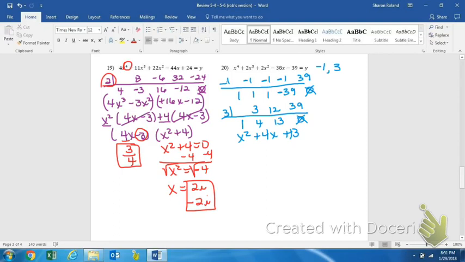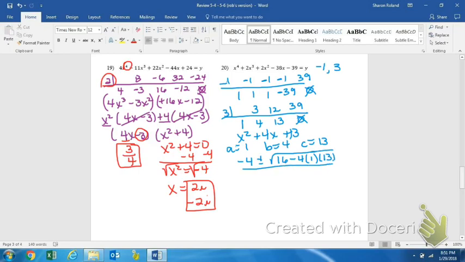And there aren't any factors of 13 that add up to be 4, so we have to use the quadratic formula. A is 1, B is 4, and C is 13. And the quadratic formula is negative b plus or minus the square root of b squared, which is 16, minus 4 times 1 times c.